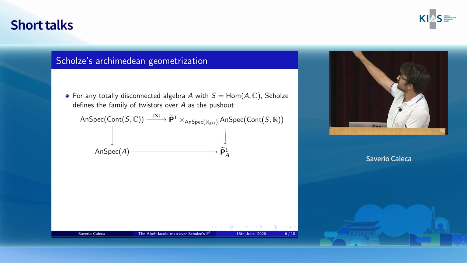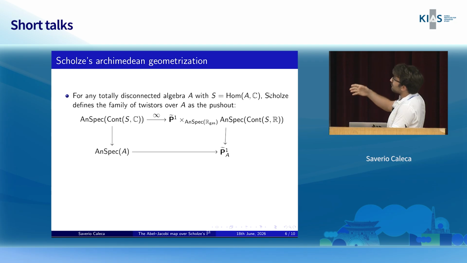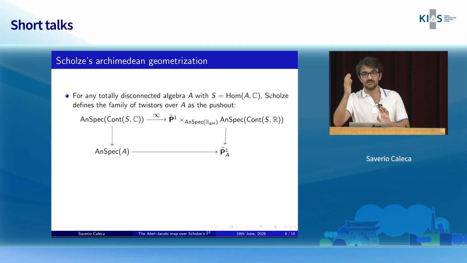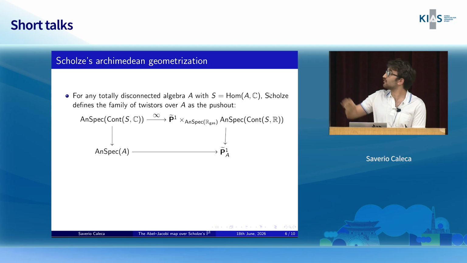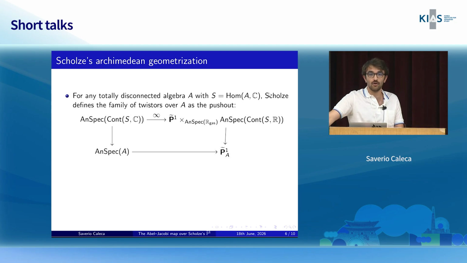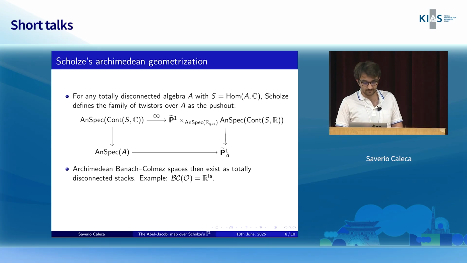And what you see on the upper right is just the algebraic base change of the twistor to the space of continuous functions from S to R. The left map you can think of as some nilpotent reduction map. And then you take the pushout of this diagram where P1A on the lower right is just notation, not actually just the base change.